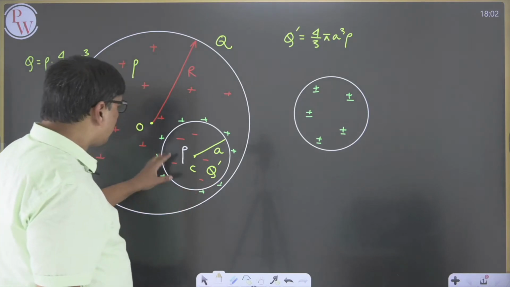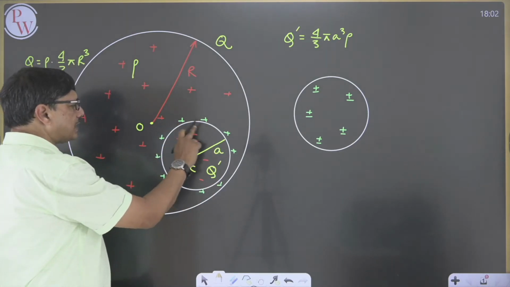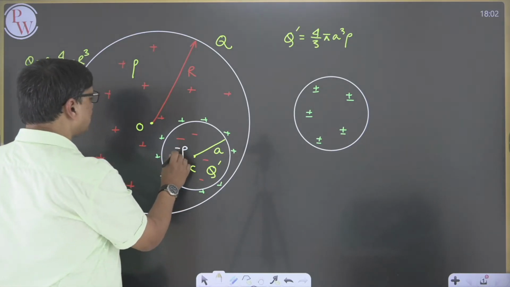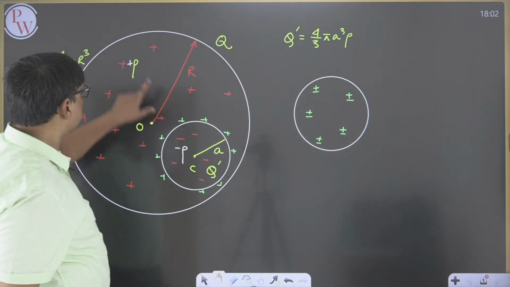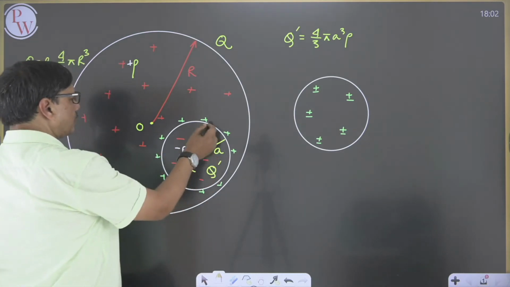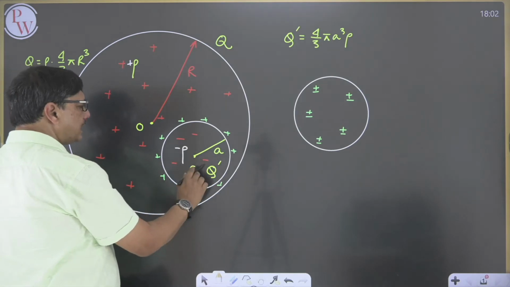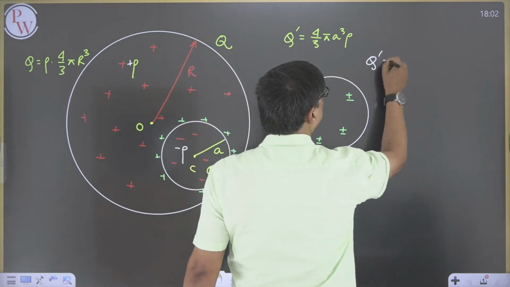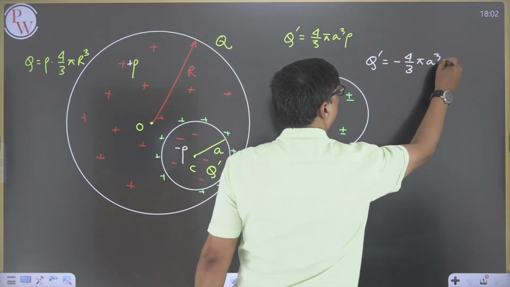This portion will contain only the negative charge density, but the magnitude is just reversed. Here it is plus rho, here it is minus rho. So net charge within this will be a negative charge, Q dashed, which will be minus 4/3 pi a cubed rho.